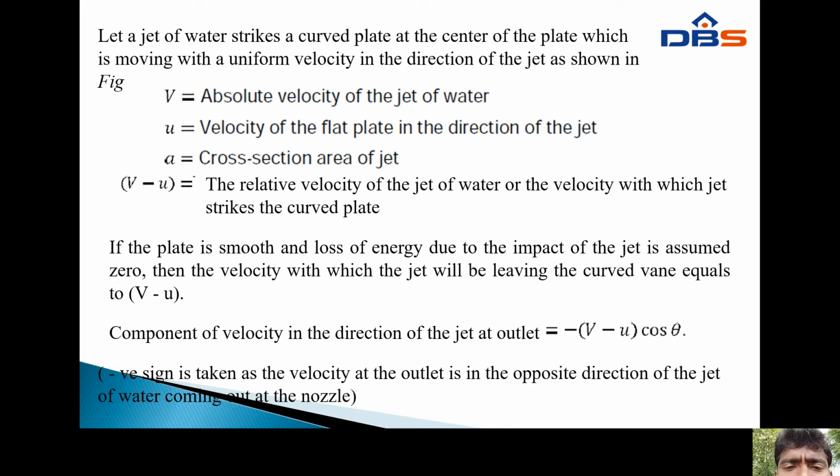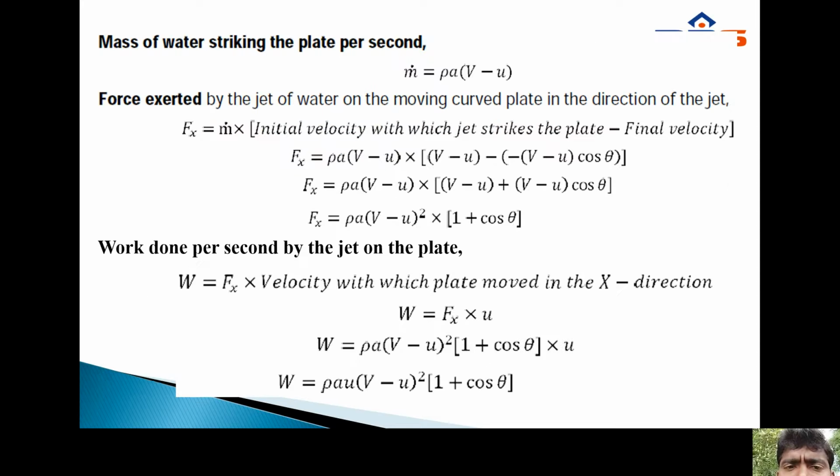Minus means the velocity at the outlet is in the opposite direction to the jet of water coming out of the nozzle. Next, mass of water striking the plate per second: mass m equal to rho A v, where in this equation v equals v minus u.